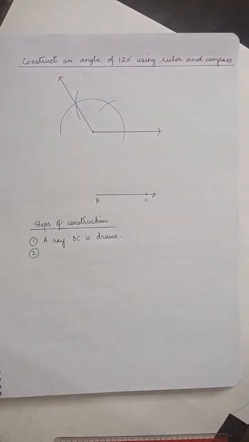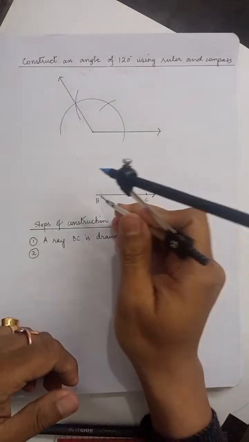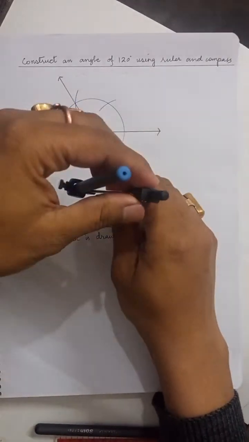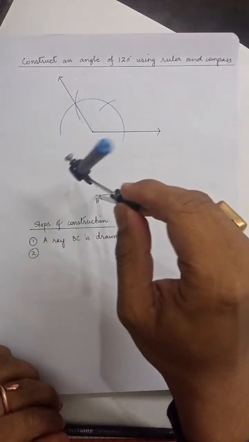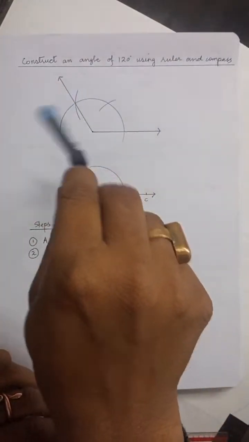What we'll do next? We will place the tip of the compass at B, and we will draw an arc. Let me draw it first, and then I will write the step. I am drawing an arc which is intersecting BC.